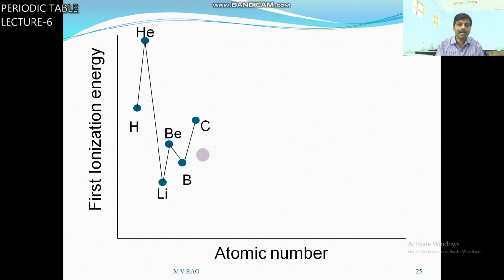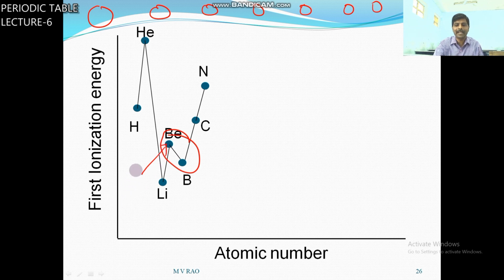Next, boron to carbon increases. Carbon to nitrogen increases. In a period, left to right, IP value generally increases. But here an exception is there because of the completely filled s subshell in beryllium.